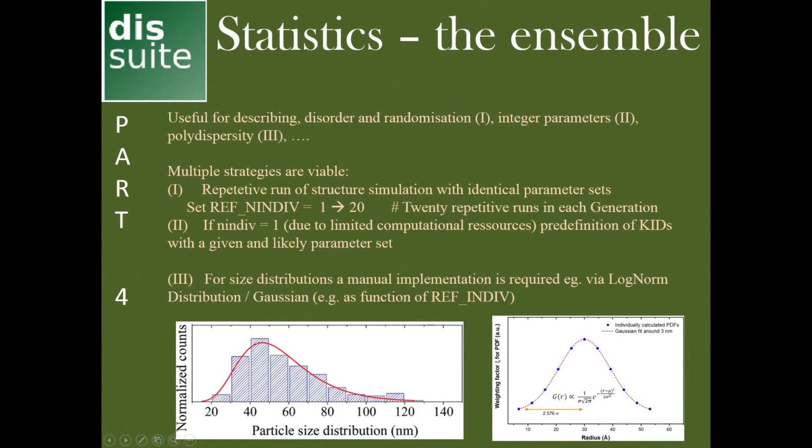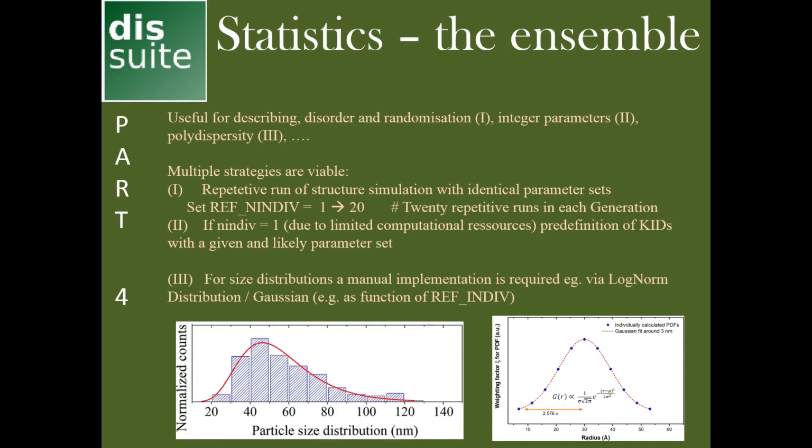Okay, let's head back to the presentation. We've essentially seen now that we can create different models which have different properties like random effects in it or disorder. You may encounter integer parameters or size distributions in a sample.